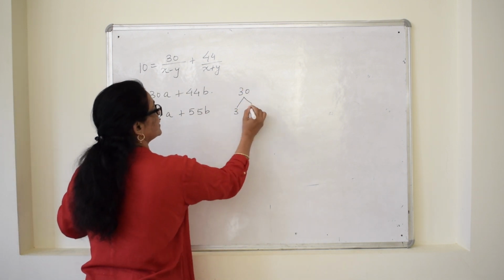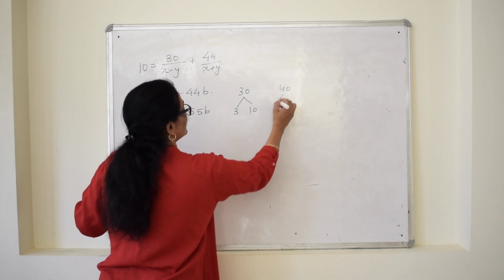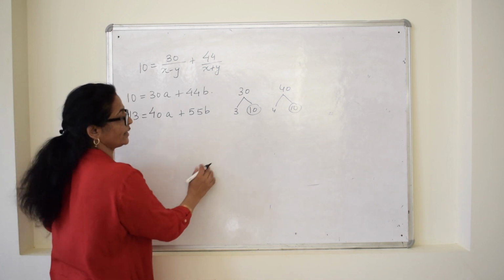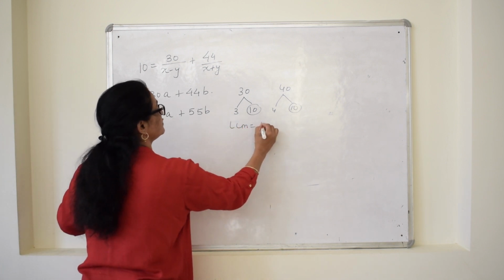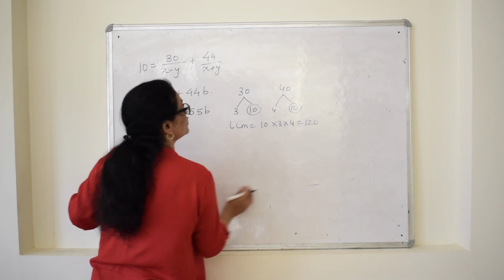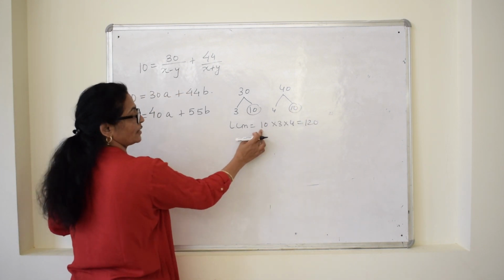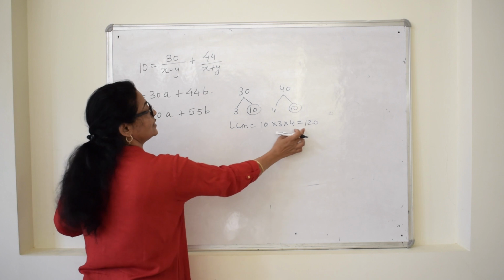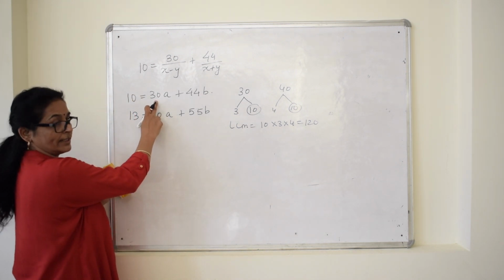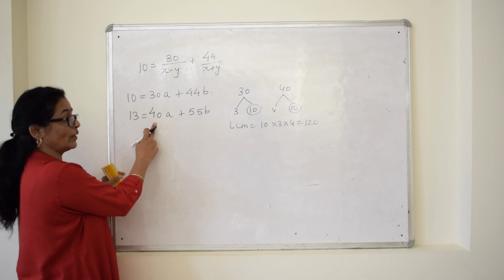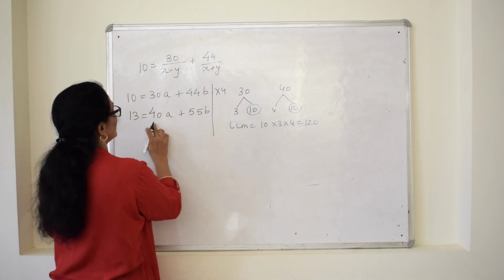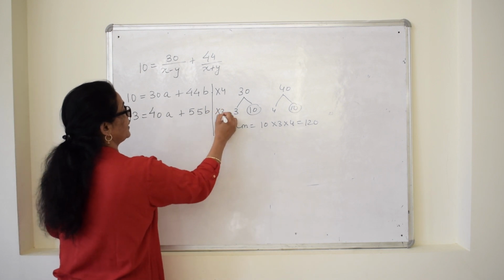So 30 is 3 into 10, 40 is 4 into 10, 10 is common. So what will be the LCM? 10 into 3 into 4. This is the rule: common one first, uncommon all we have to write. So LCM is 120. This 30 we have to make 120, 40 also we have to make 120. So this 30 will be multiplied by 4 and this 40 will be multiplied by 3.